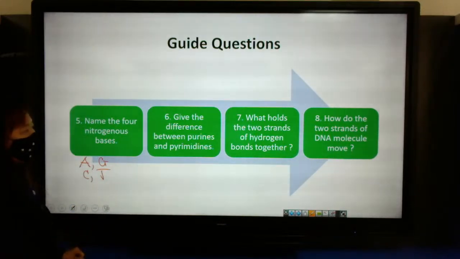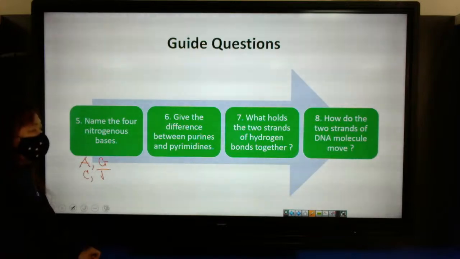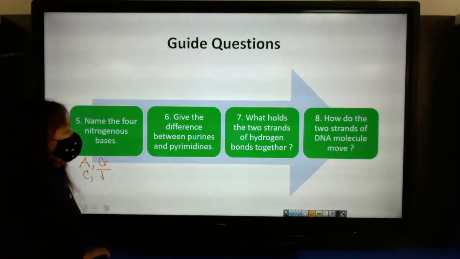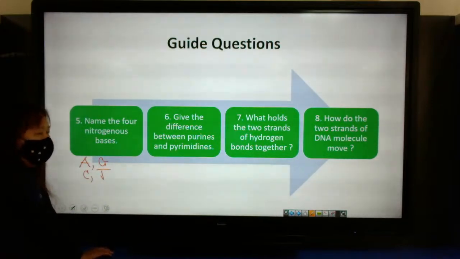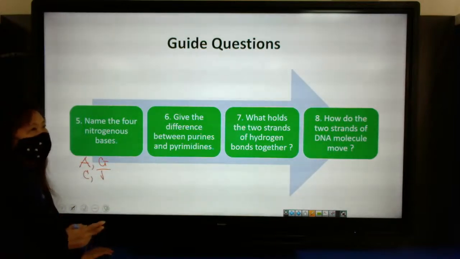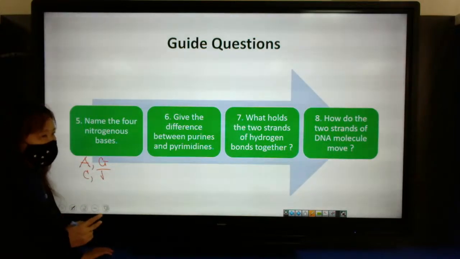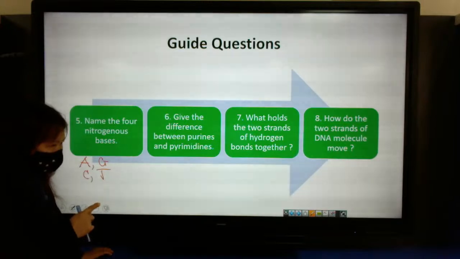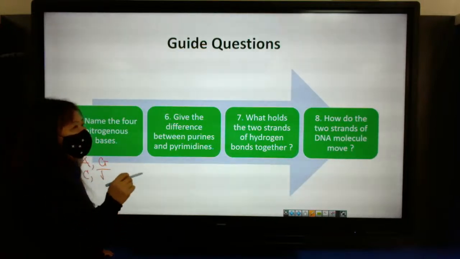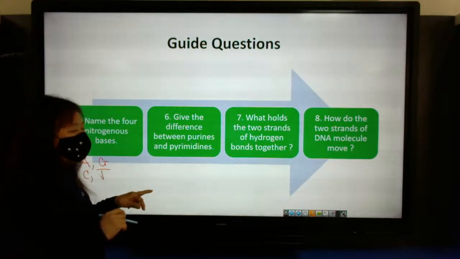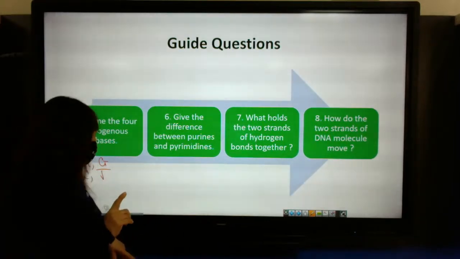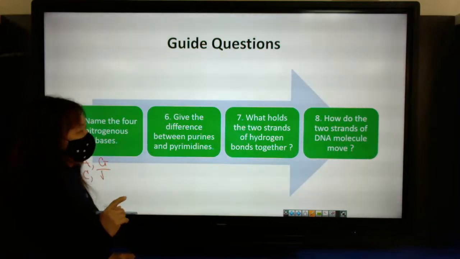Now, what is the difference between purines and pyrimidines? We can say that purines are made up of 2 carbon-nitrogen structures, whereas pyrimidines have only 1.